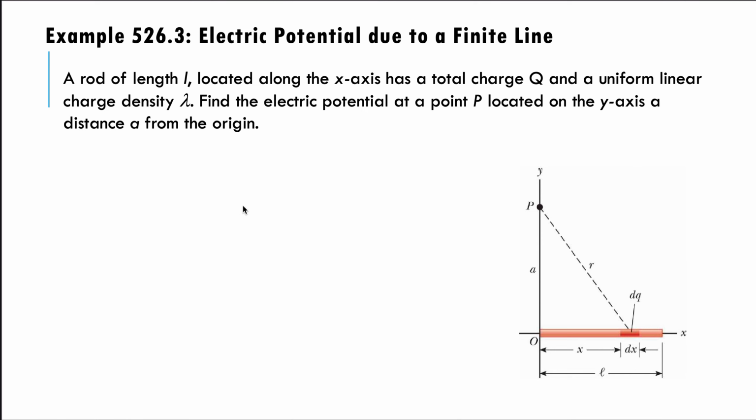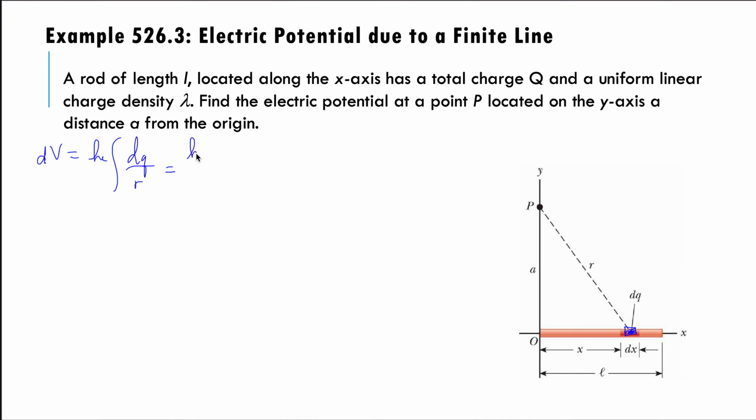So the first step is always to divide up our charge distribution into a bunch of little elements, dq's. And in this case, dq is just going to be along the x-axis, so we know that we're going to integrate along the x-axis. We're going to write the potential due to that one little charge element, dV, as ke integral of dq over r.